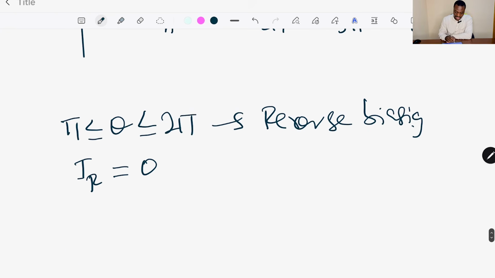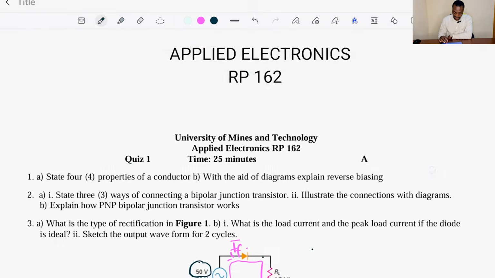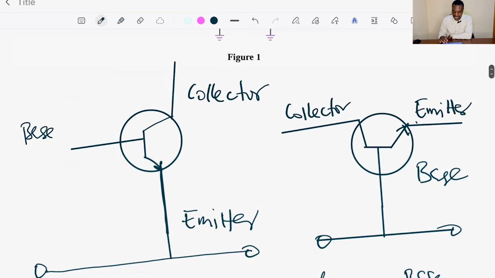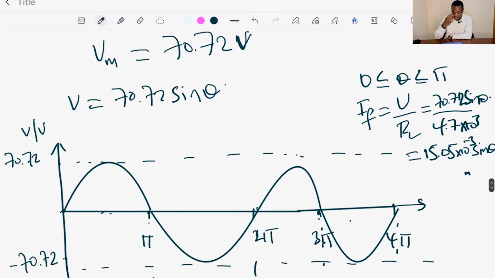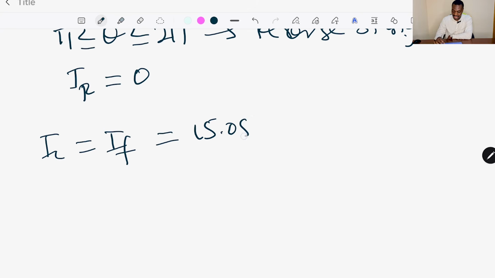So we've calculated the load current. The load current is equal to the forward current, which is 15.05 times 10 to the power minus 3 sine theta. That's the load current.